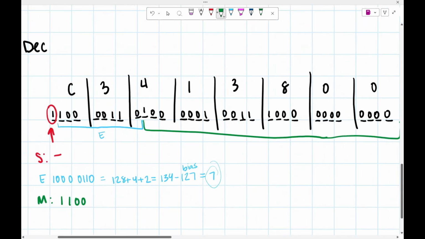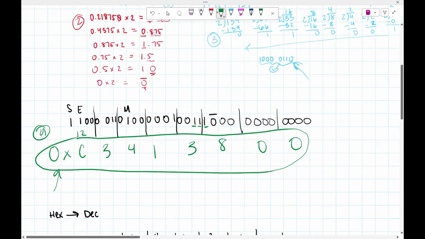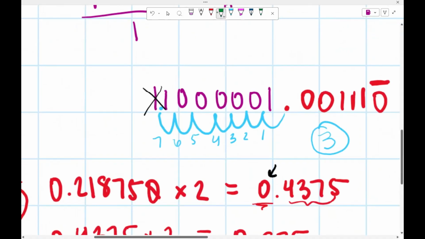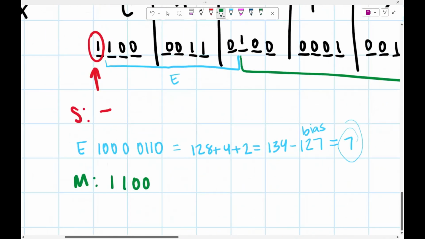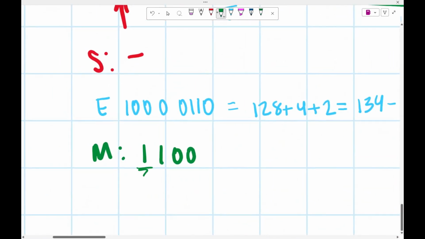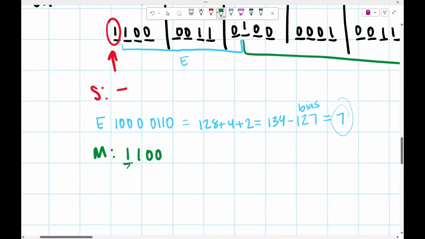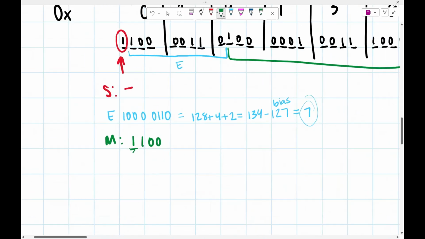Remember over here in the previous examples, we got rid of that one. So when we're coming back from binary to get to decimal, we need to reintroduce that one. Please don't forget that. If you forget that, your whole answer will be messed up. Don't forget to add the one back.